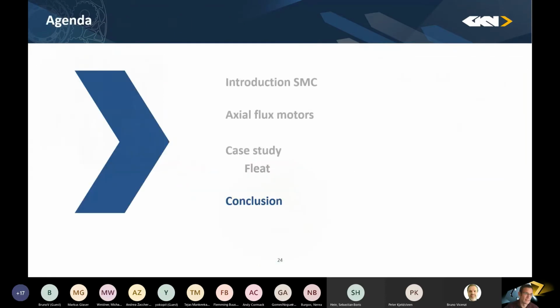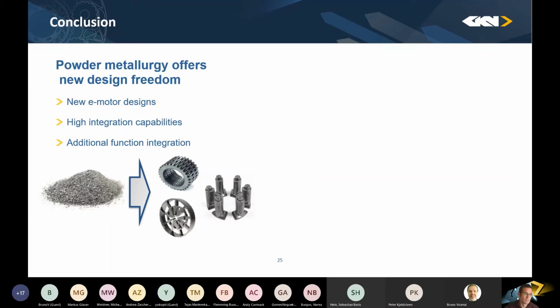Finally, let's come to the conclusion. What I mainly want to highlight is that powder metallurgy, especially SMC designs, gives the customers and the designers a new kind of design freedom. In some cases it's utilized by the customers, but very often we just replace the radial flux motor by an axial flux motor, having efficiency improvements, but we don't look at the integration of additional functions, which can very often be easily done with powder metallurgy design freedoms and especially the material adaptations which are feasible with it.